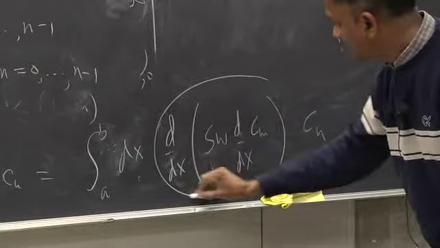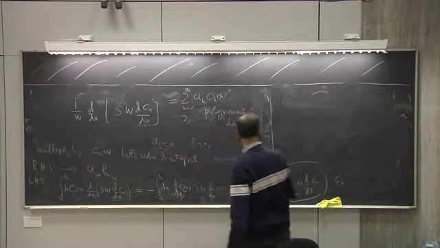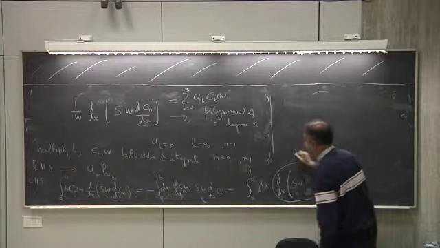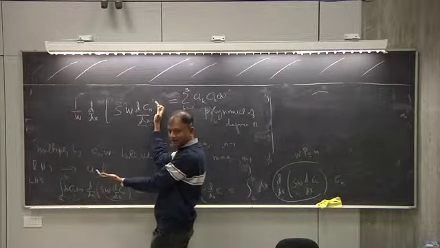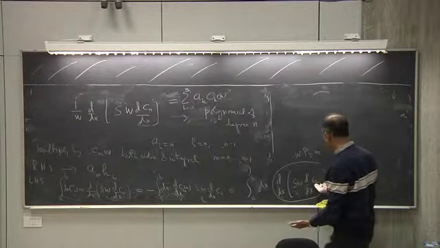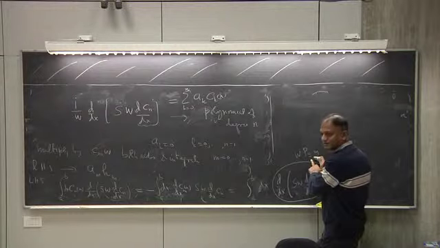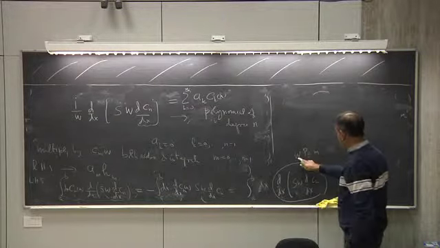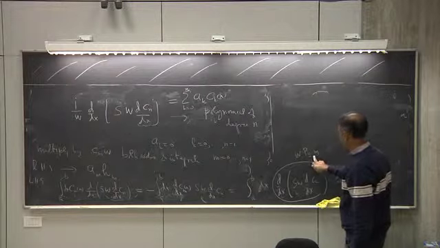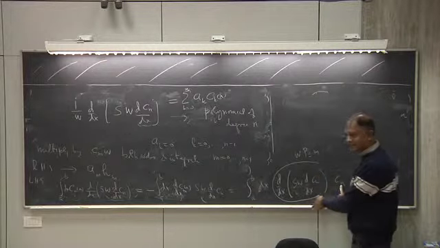But this object we already saw. This object is W times a polynomial of degree less than or equal to m. This statement was general: for any n, this is a polynomial of degree less than or equal to n. So in particular for m also, since there is a division by W here, this quantity is going to be W times some polynomial of degree less than or equal to m. So now you have W times a polynomial of degree less than or equal to m times C_n, in an integral.